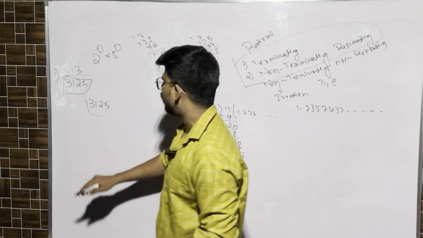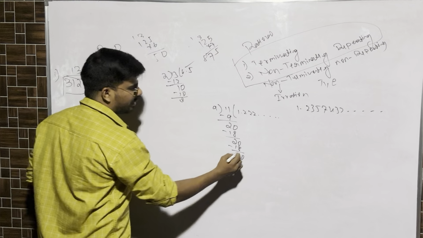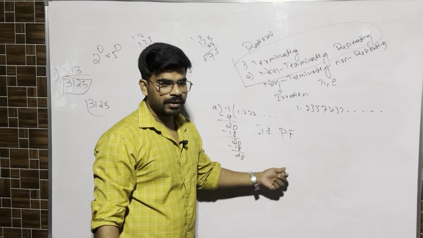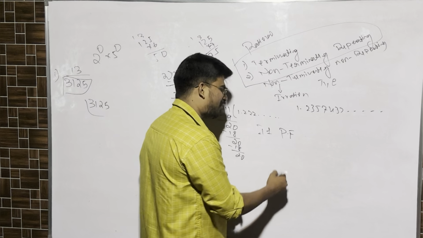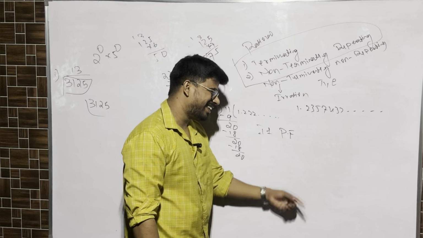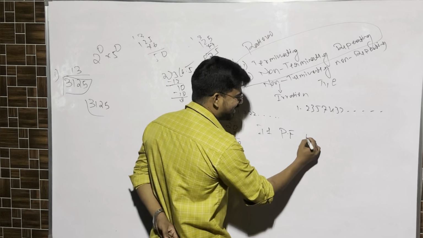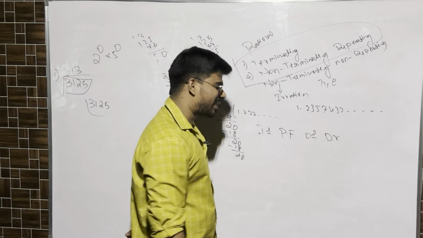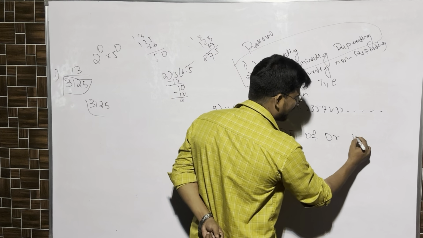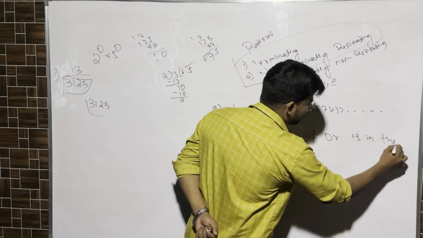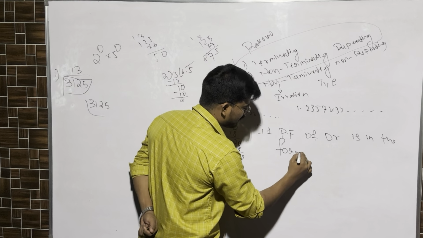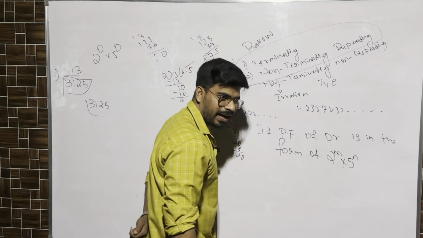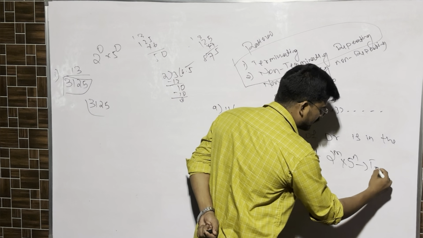I'll write it here. If prime factors of the denominator are in the form of 2 power m into 5 power n, then it is terminating.